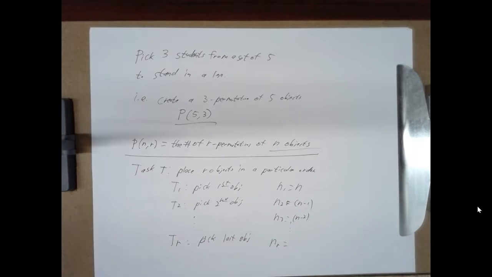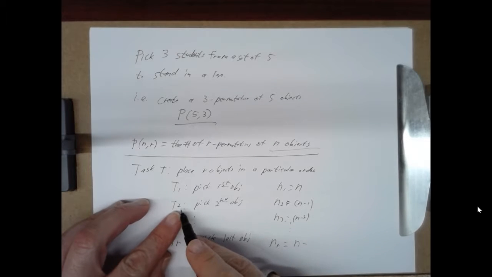How many ways can we pick the last object? This is a fence post problem. So it's n minus r plus 1 or minus 1, I don't know. But we can write an expression in terms of r. Well, suppose that r is 2.